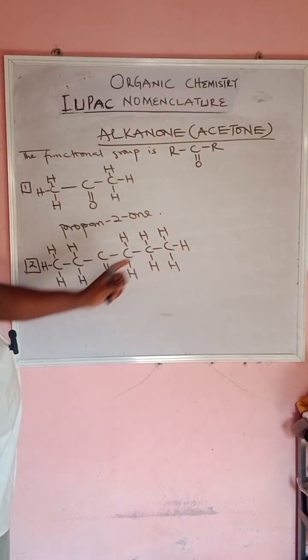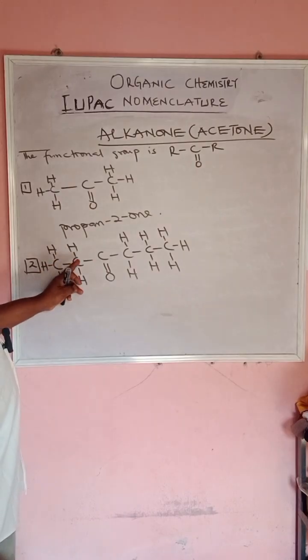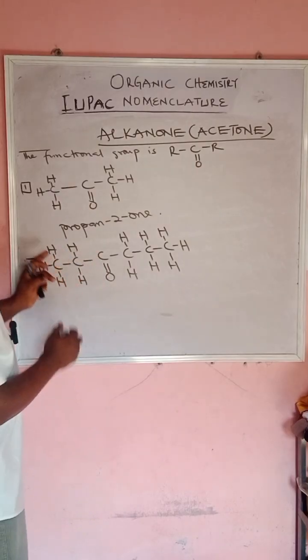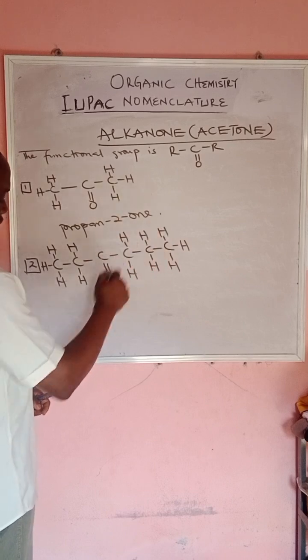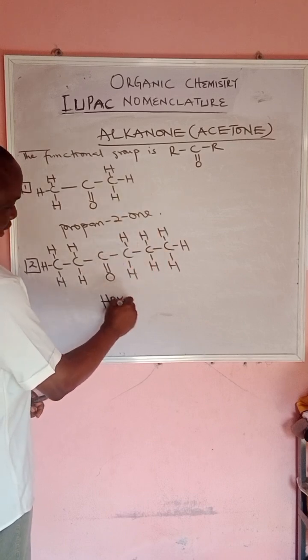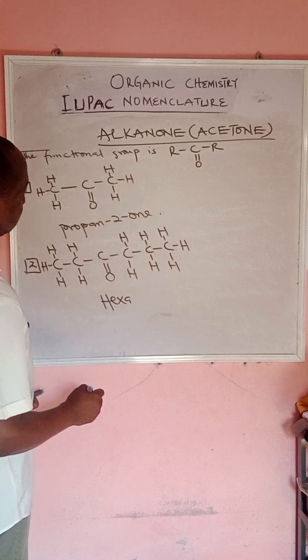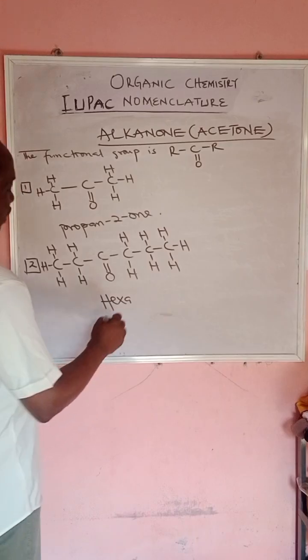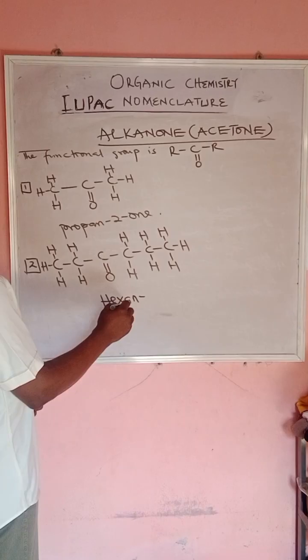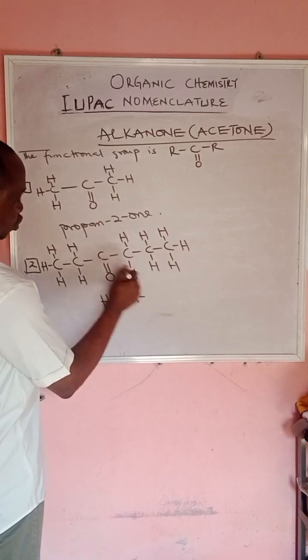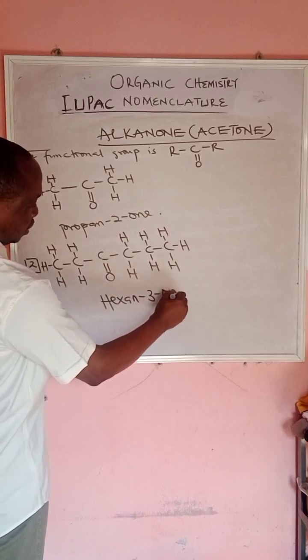So if you name from left to right, this is 1, 2, 3, on carbon 3, 1, 2, 3, 4, 5, 6. That is hexane, hexan-3-one.